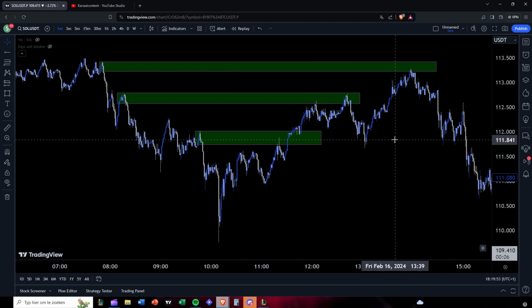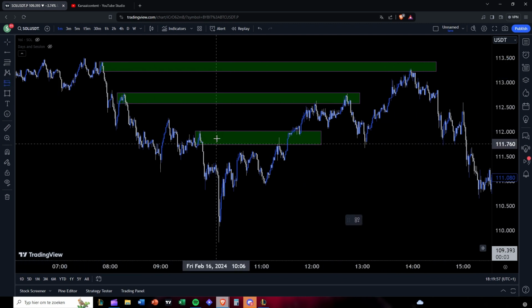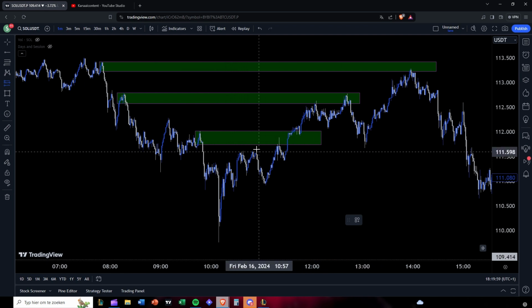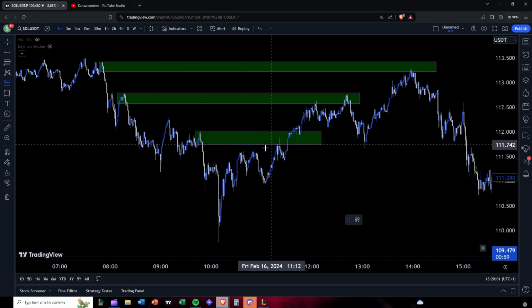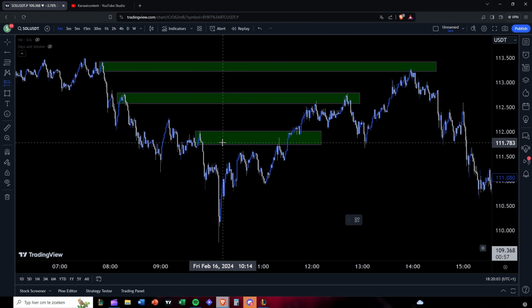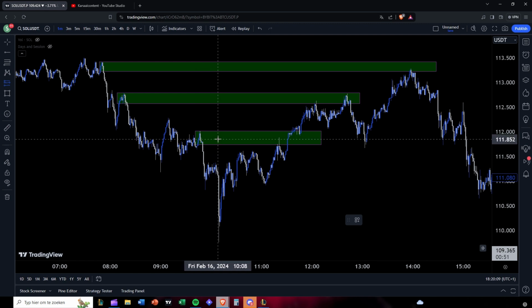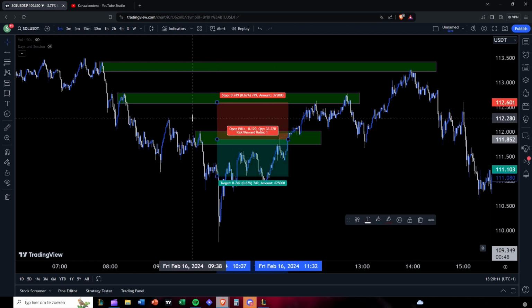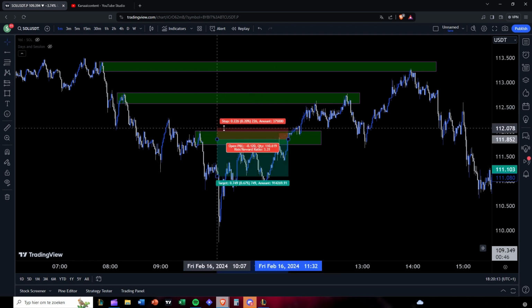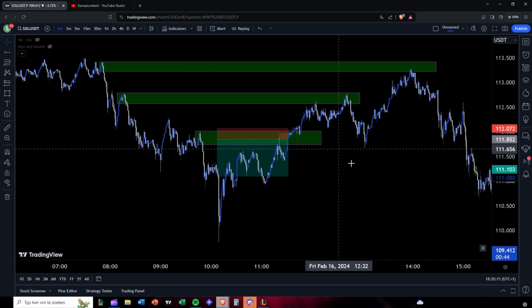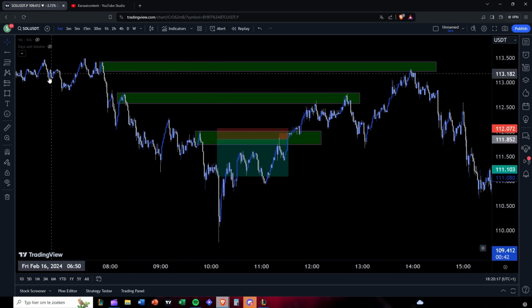So if you look at it, this would be the first trade, depending on whether you want to take an aggressive entry or a defensive one. A defensive one would have been here, so you wouldn't have gotten filled at the top of the range. But just take the middle for the sake of the video. With experience, you'll find your way if you want to be aggressive or defensive.